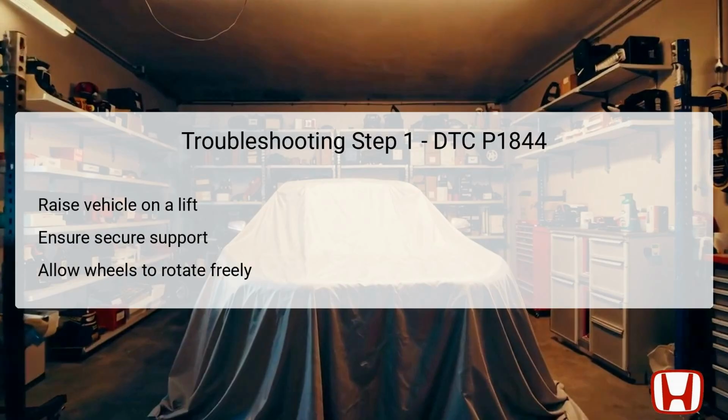This step prepares the vehicle for comprehensive diagnostics, ensuring that the technician can safely assess the performance of the transmission system under proper conditions. Verify that the lift is stable and that all components are accessible, setting the foundation for effective troubleshooting.